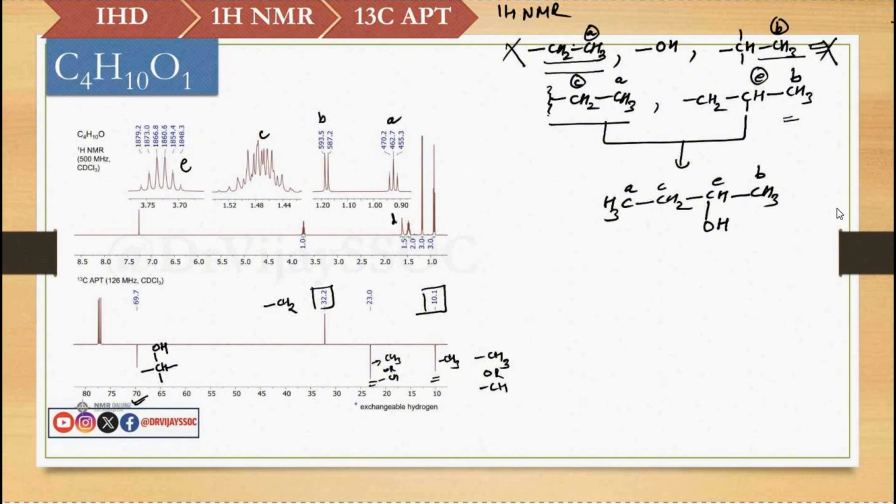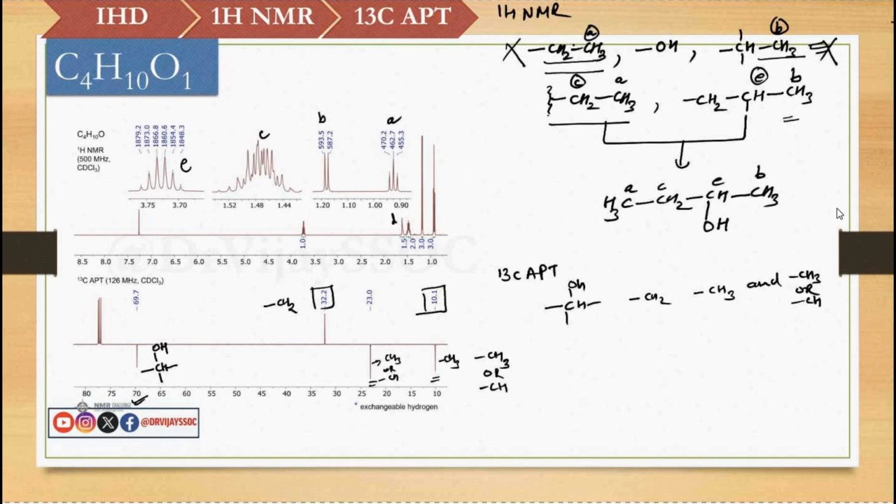So from this 13C APT NMR, we get the information that the compound contains one CH2, one CH3, and CH3 or CH.